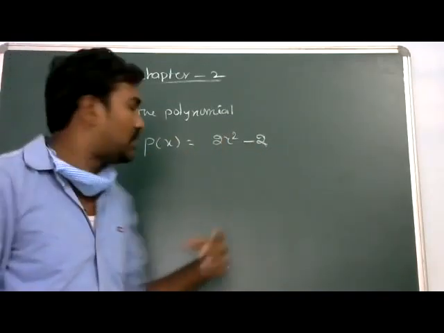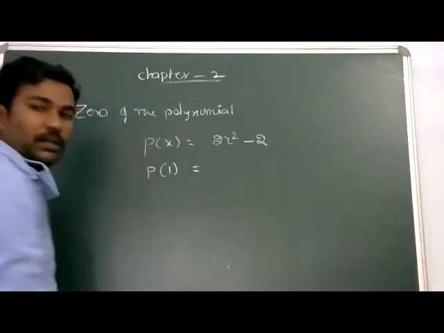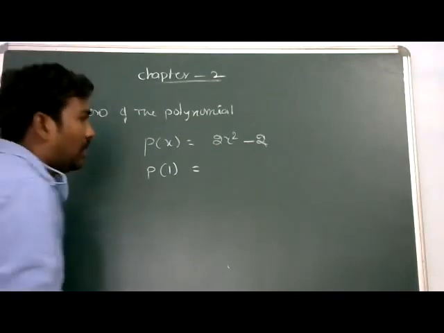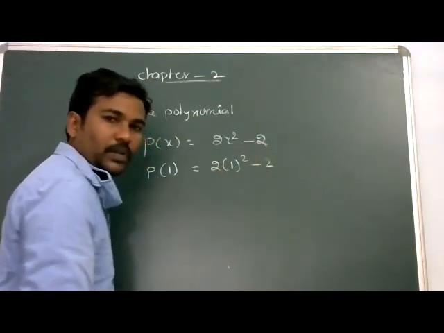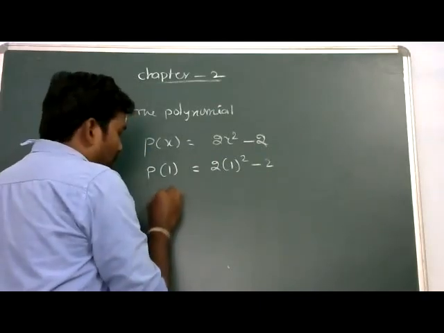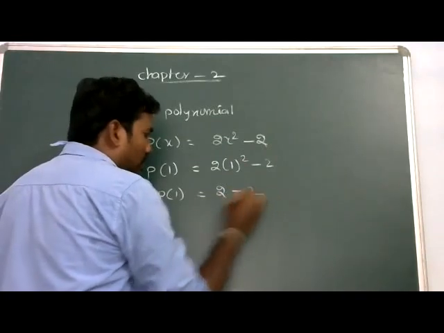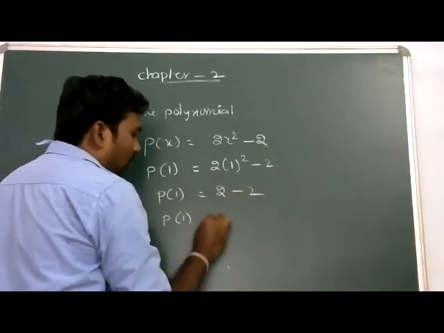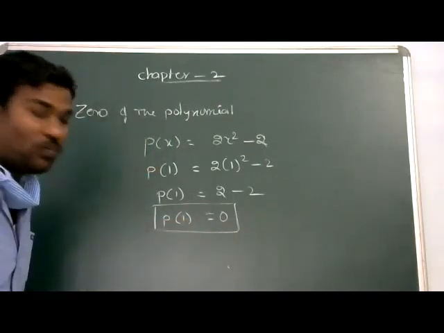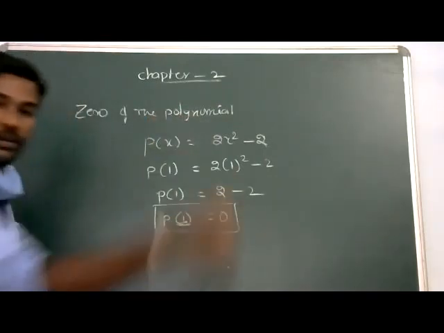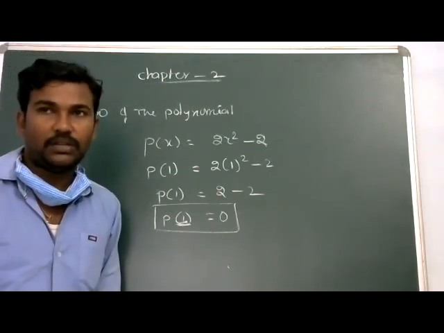Suppose you substitute 1 instead of x: 2 into 1 square minus 2. So p of 1 is equal to 2 into 1 square minus 2, so p of 1 is equal to 0. That means 1 is called a zero of the polynomial.